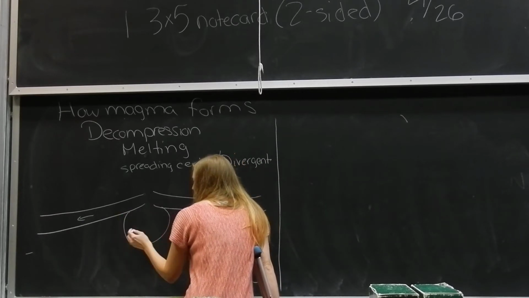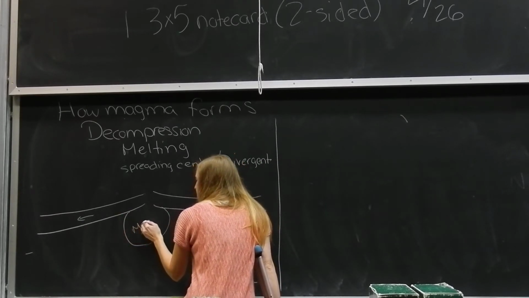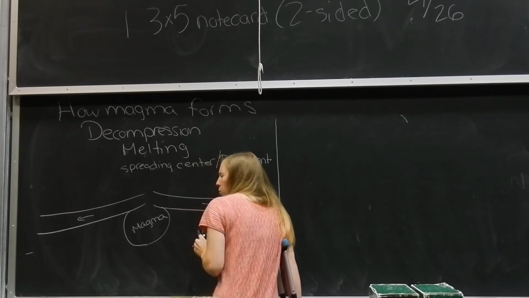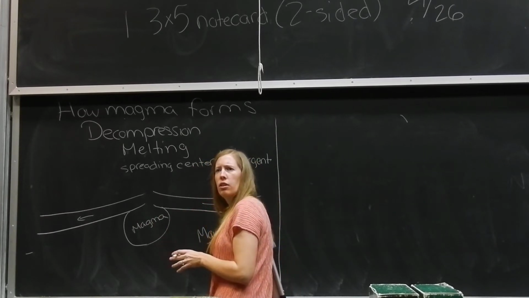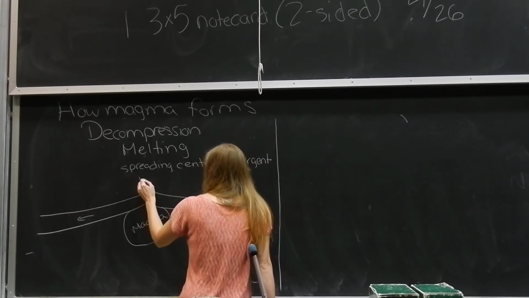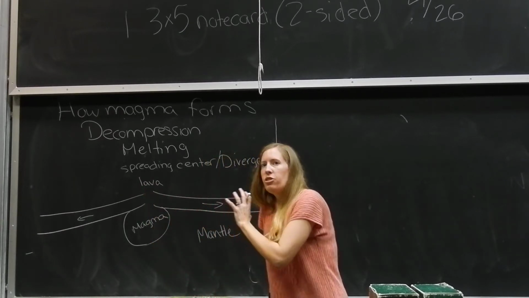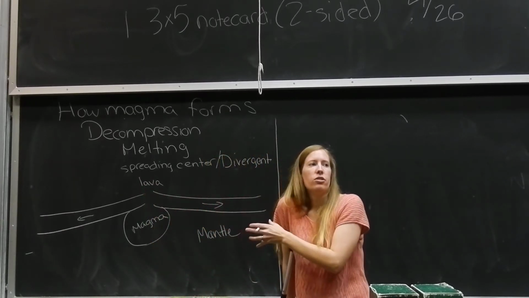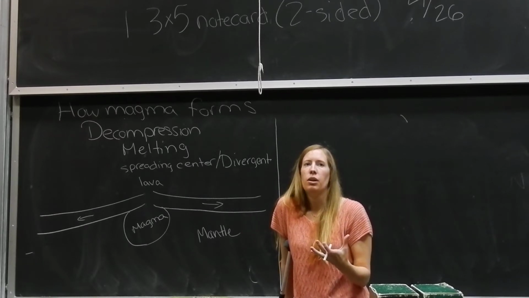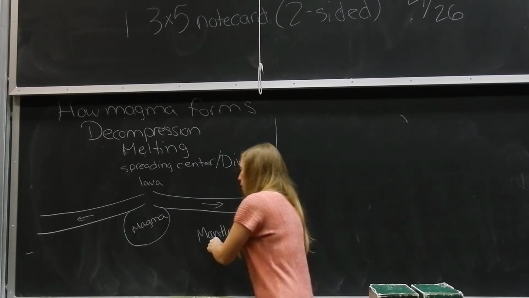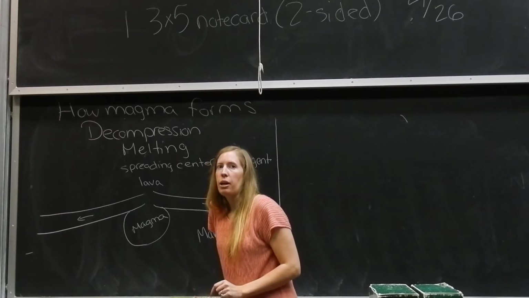And somehow we're creating this liquid magma. What is it called when it reaches the surface? Lava. Right? And just the action of opening up the crust decompresses your system, which causes a change in your mantle to melt into magma.